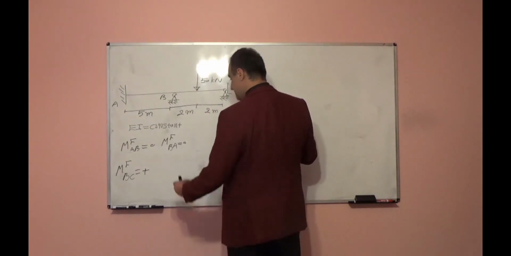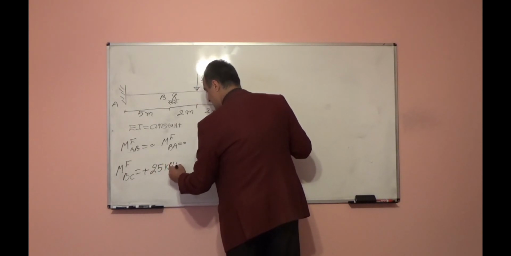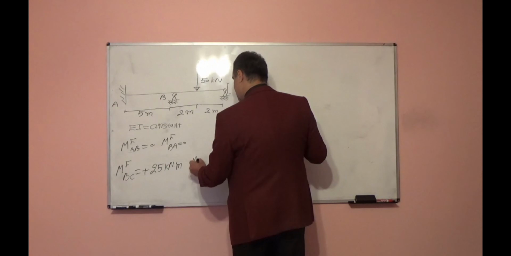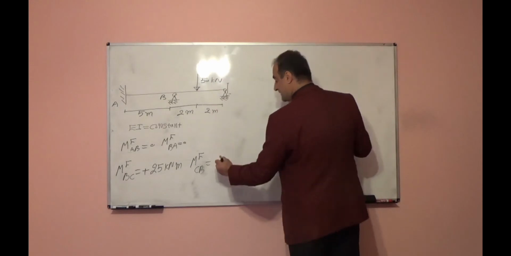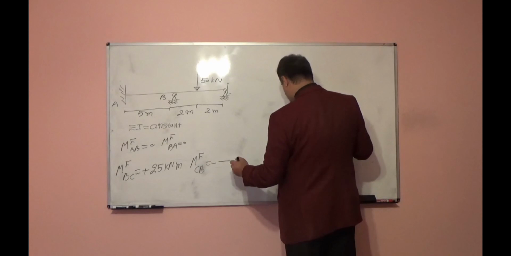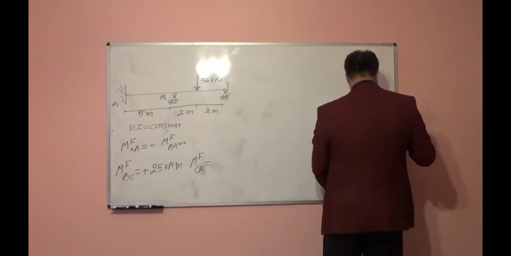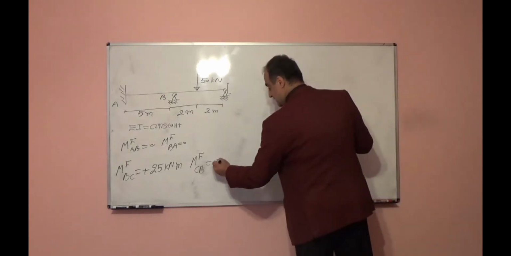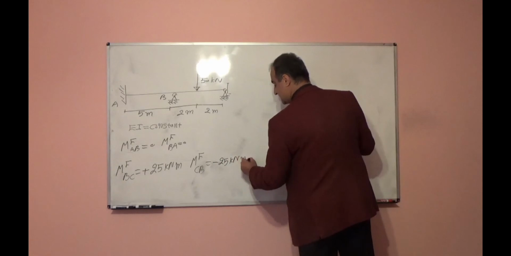PL over 8 will be 25 kilonewton meter. M fixed CB will be clockwise, negative PL over 8, that will be equal to negative 25 kilonewton meter.